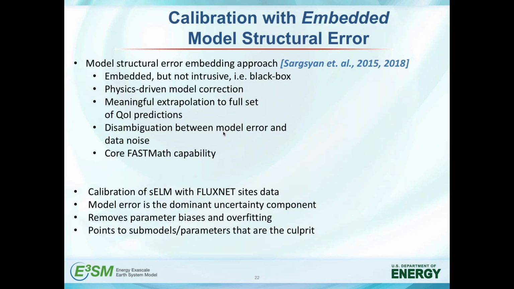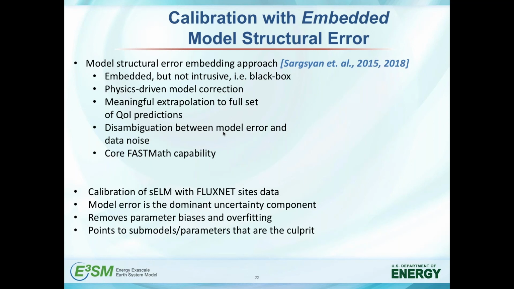We can also begin to look at embedding model structural error. These methods implicitly assume that we have a perfect model, and the only potential problem is the parameter uncertainty, right?